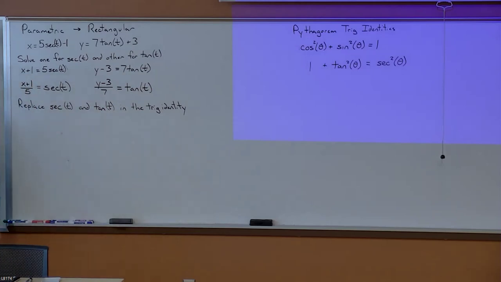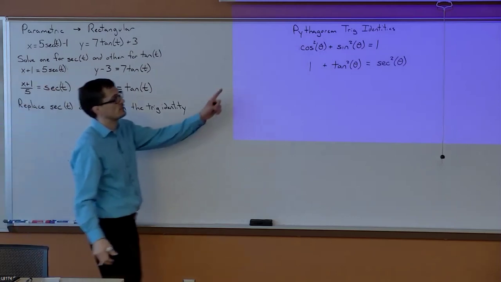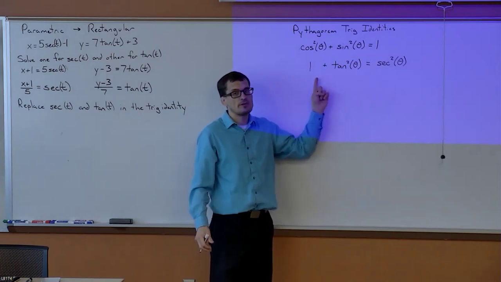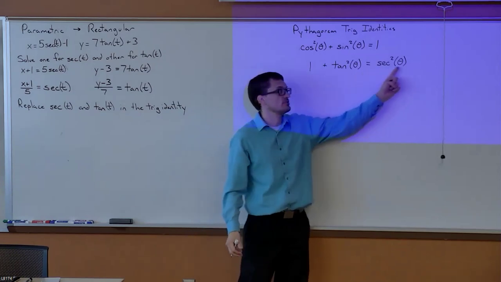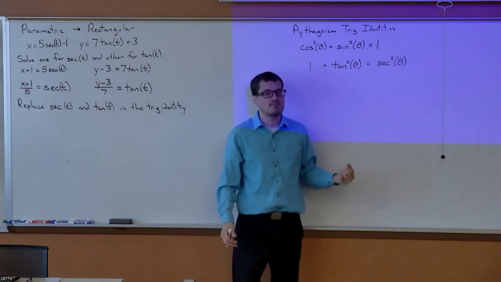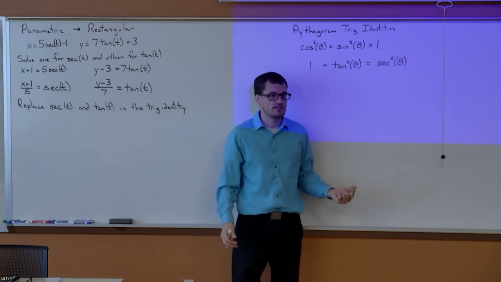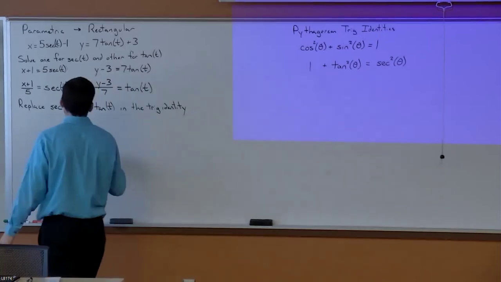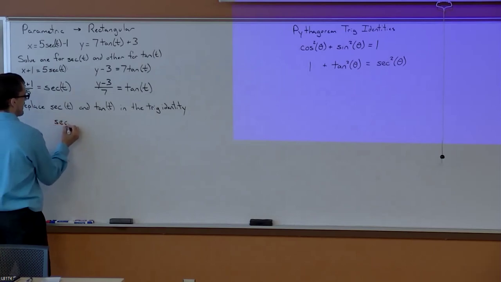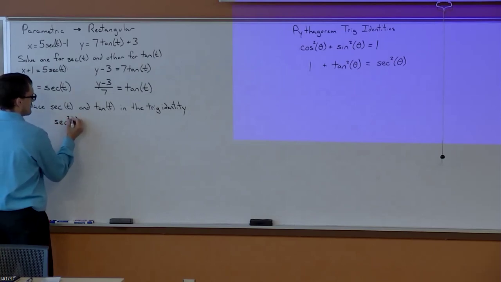Now, in this case, some people will use this version of the trig identity. Other people will subtract tangent squared from both sides and use that version of the trig identity. So I think that's what I'll do. I'll subtract tangent squared from both sides.